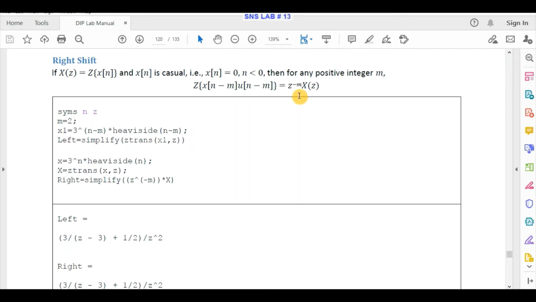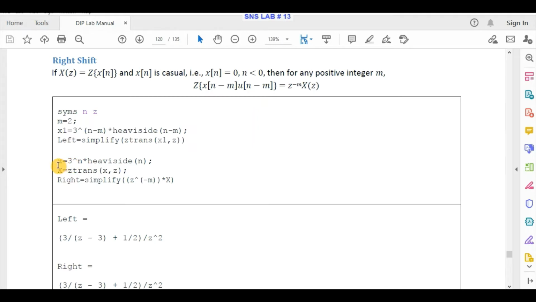To compute the right side, first of all we need to transform our actual signal into X of z, and we know our actual signal is 3 power n multiplied by u of n.